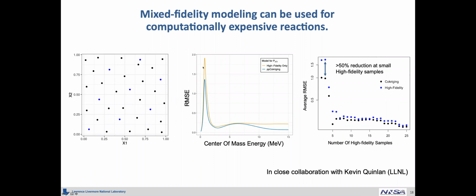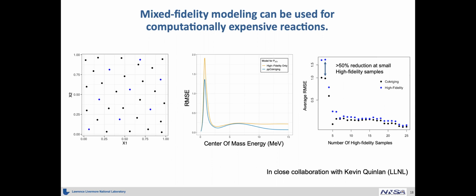And then this actually translates into a smaller root mean squared deviation. And in fact, we're quite happy that we see a reduction in the average root mean squared deviation with just a handful of high fidelity samples. So at 5 high fidelity samples, we've already dropped quite significantly in the average RMSE.